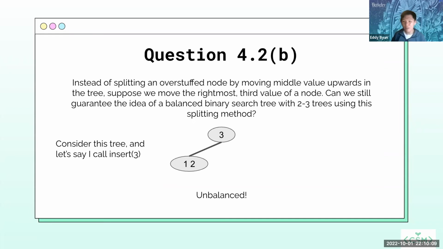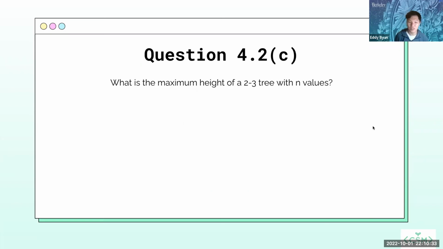But when we use the right value, we're going to cause the left branch to be heavier than the right child, right? So there's going to be more children on the left branch than the right branch if we're using the rightmost element. And this is kind of like the conceptual understanding of why there is this imbalance. Okay, so that's 4.2b. Let's move on to 4.2c.